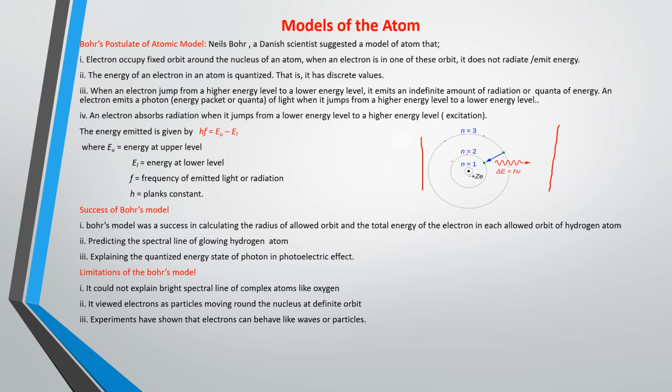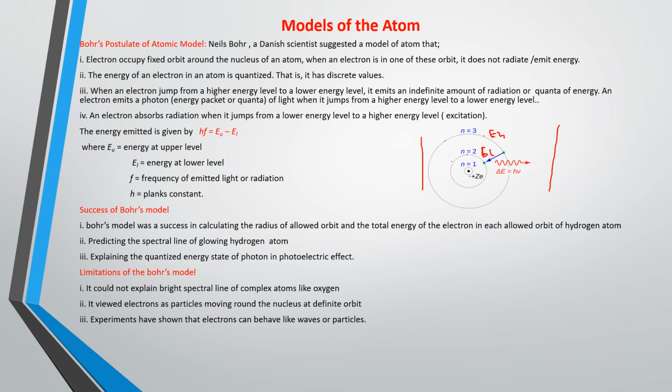Another suggestion that this model gave was that when an electron jumps from a higher energy level to a lower energy level, assuming an atom is in this energy level, this is high energy, then this is a lower energy level, let me just say this is low energy.